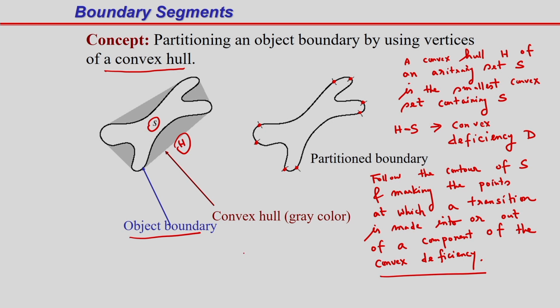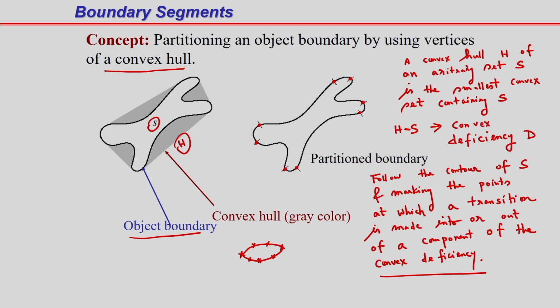One practical example: suppose in the human eye, the cornea shape is something like this. How to represent this cornea? By using the convex hull. In this case, I have to identify these points based on the concept of the convex hull.